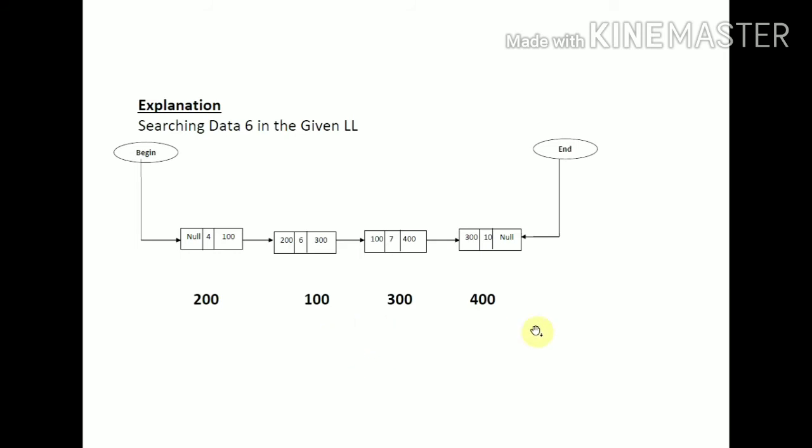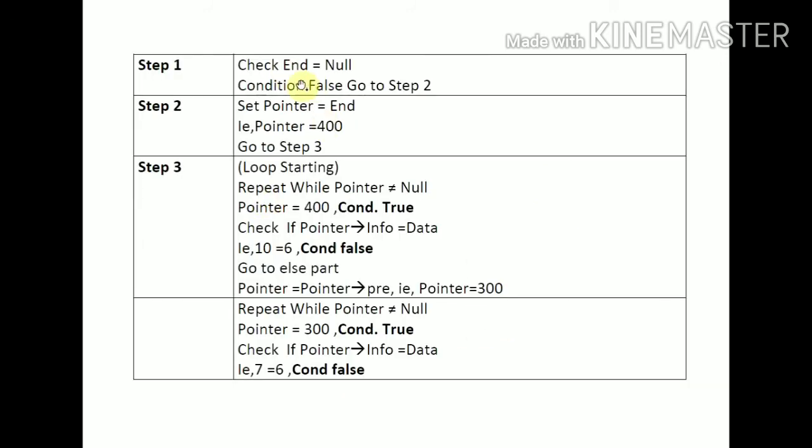So begin value is equal to 200 and end value is equal to 400. First we check end equal to null. As I said, end value is 400, so definitely it is not equal to null. This condition is false, so we go to step 2.